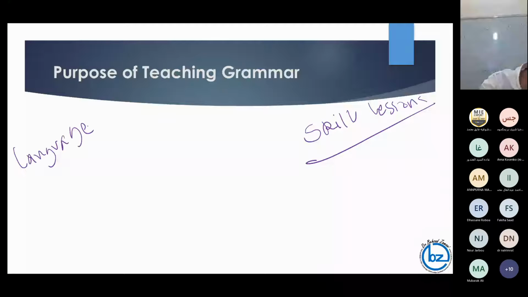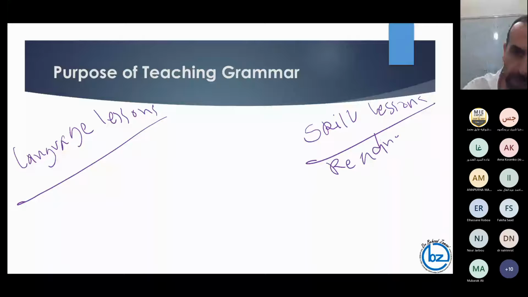Skill lessons are those receptive skills, reading and listening, and those productive skills, speaking and writing.